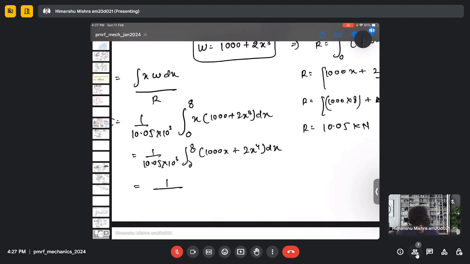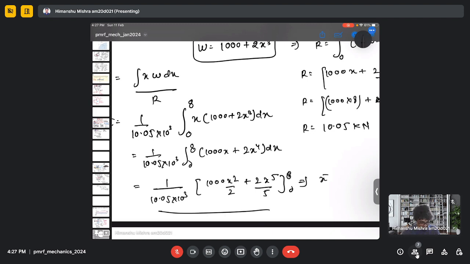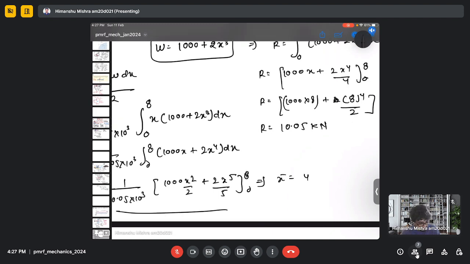So when we integrate it, we get 1000 x squared by 2 plus 2x to the power 5 by 5. So when you solve this quantity, you will get x bar as 4.49.